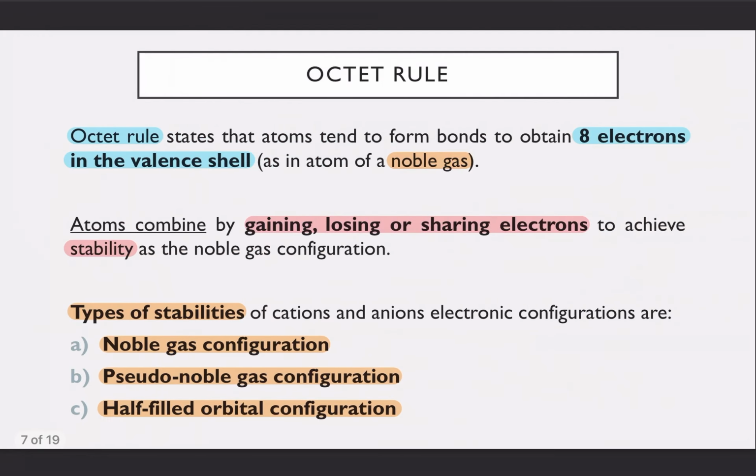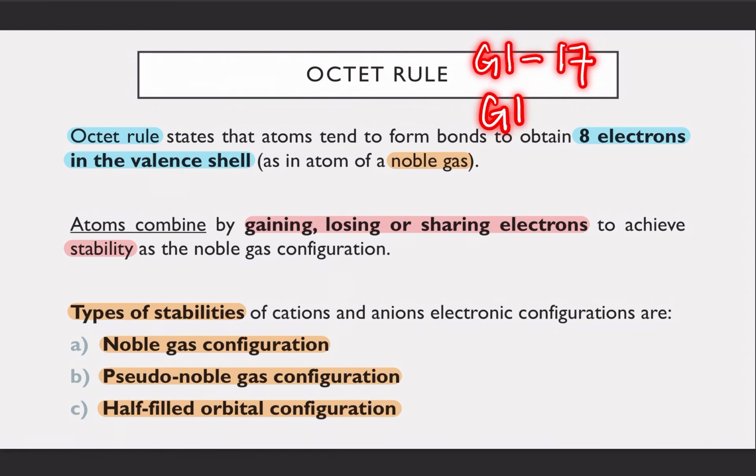Right, so next we will learn the octet rule. What is the octet rule? The octet rule actually explains why atoms react with each other. Atoms from group 1 to 17 all want to achieve the stable octet electron configuration like the noble gas.